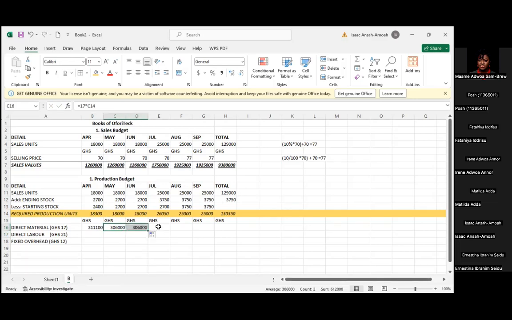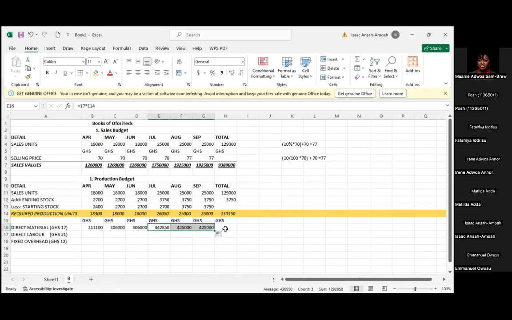July, I'll do 17 cedis multiplied by 26,050. 442,850. All right. What do we get for month August? 425,000.